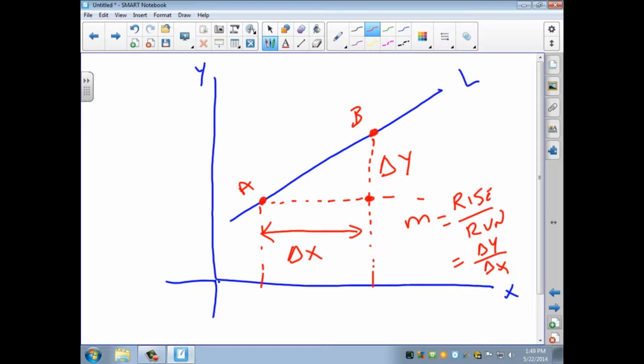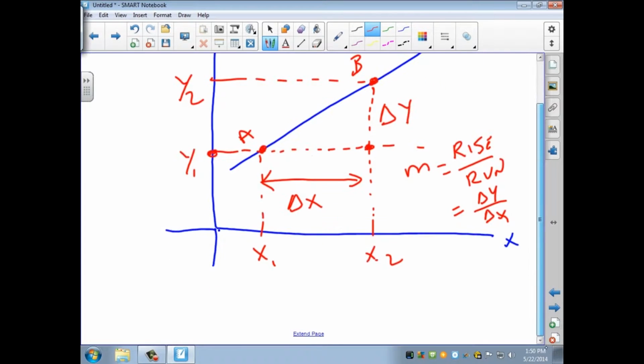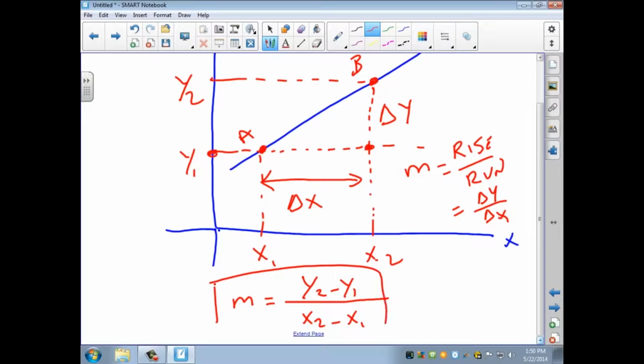So if you say the change in y is measured from A to B, so you measure it on the y-axis. So here is y1, here is y2, and for the x, here is x1, and here is x2. Therefore, the slope would be equal to y2 minus y1 divided by x2 minus x1.